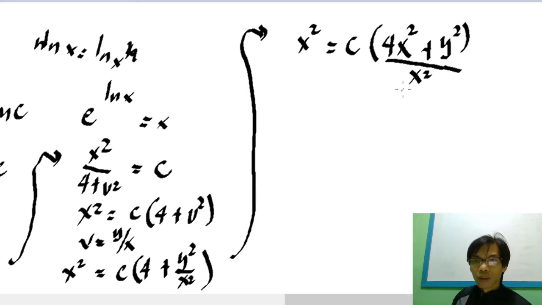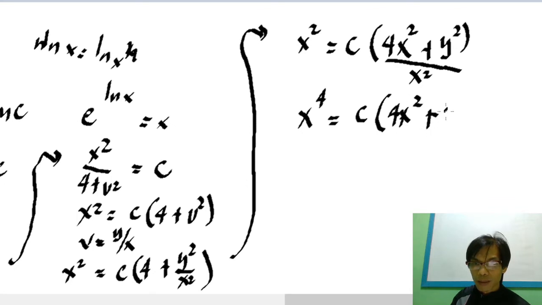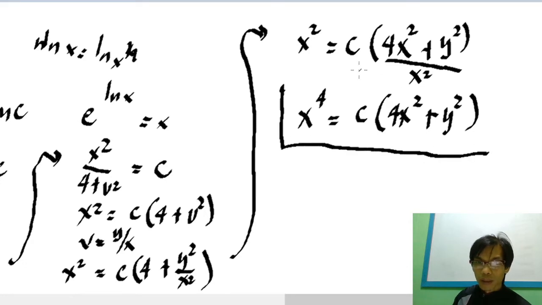And then we cross multiply that one, we have x to the fourth is equal to c times 4x squared plus y squared. So this is already our final answer.